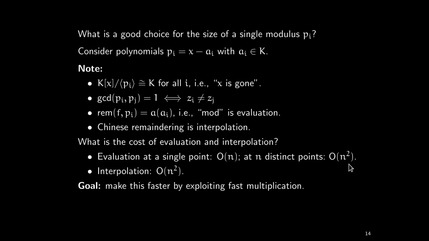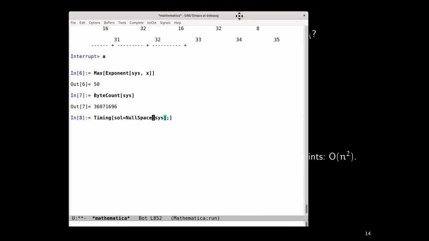So we'll have to do something about it. And the goal will be to make it faster. Make it so fast that it's essentially linear. So this is quadratic. Quadratic is bad. We want to have it essentially linear. Well, let's keep this for next time and conclude here with this calculation.